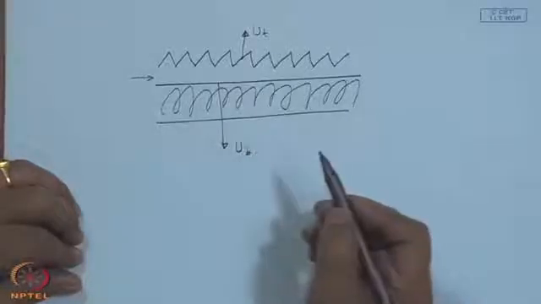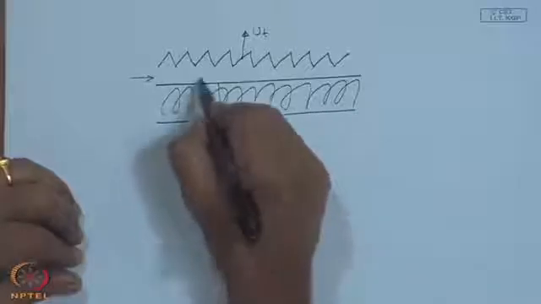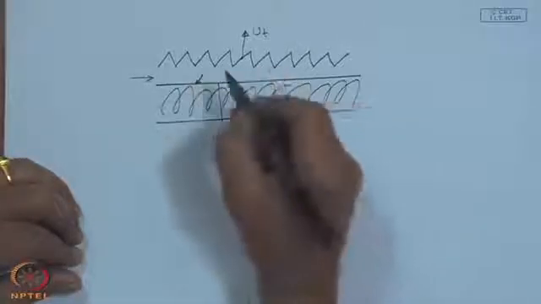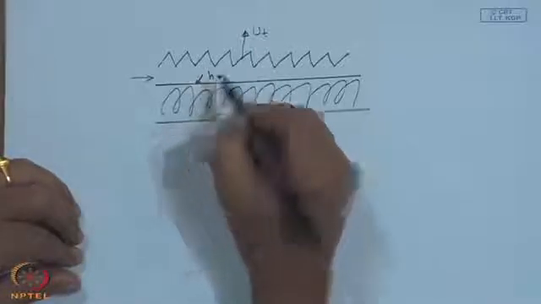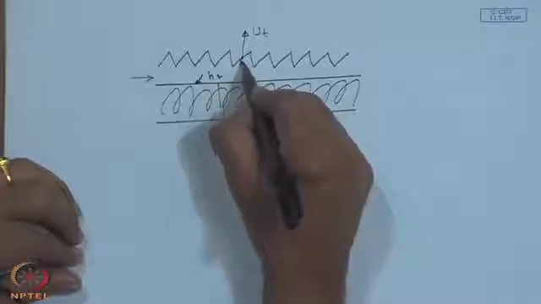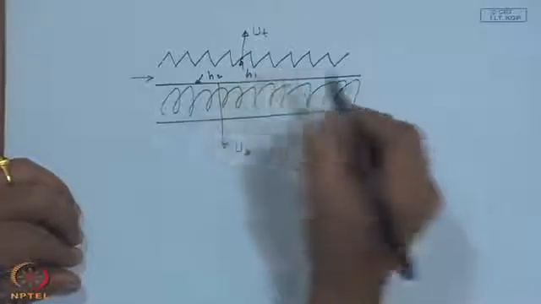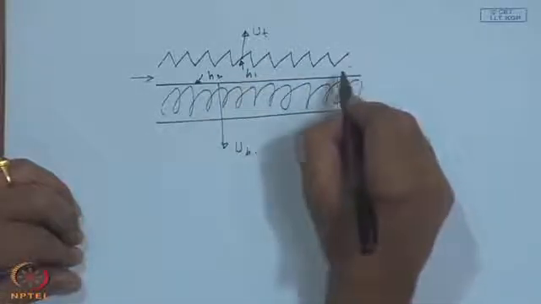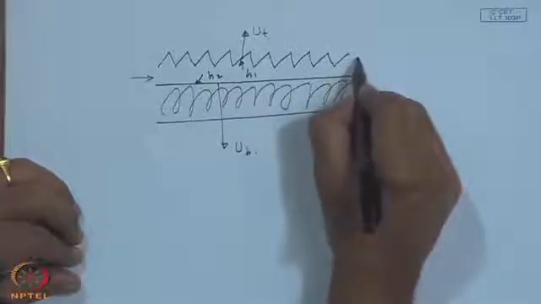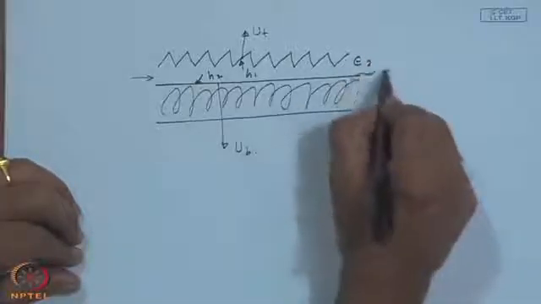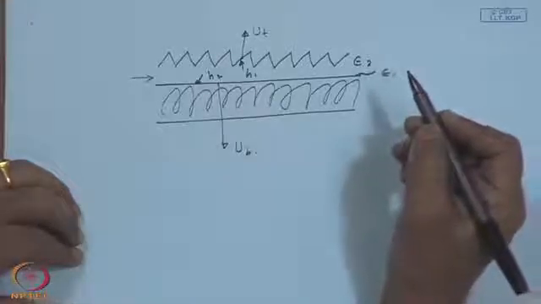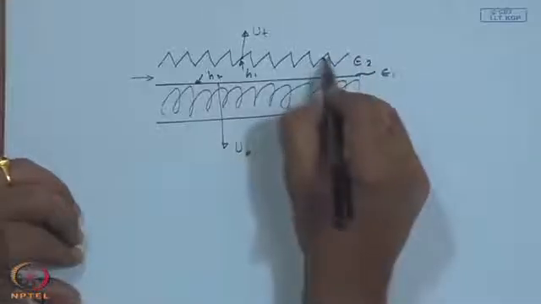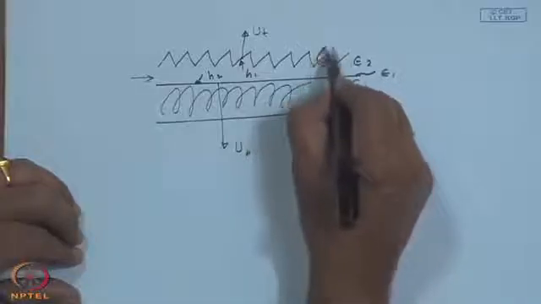So, U T and U B are your top loss and bottom loss heat loss coefficients. This is your H 2 to the corrugated plate, it is H 1, with of course epsilon 2 and epsilon 1, or correspondingly alpha 2 and alpha 1, and this angle is phi.